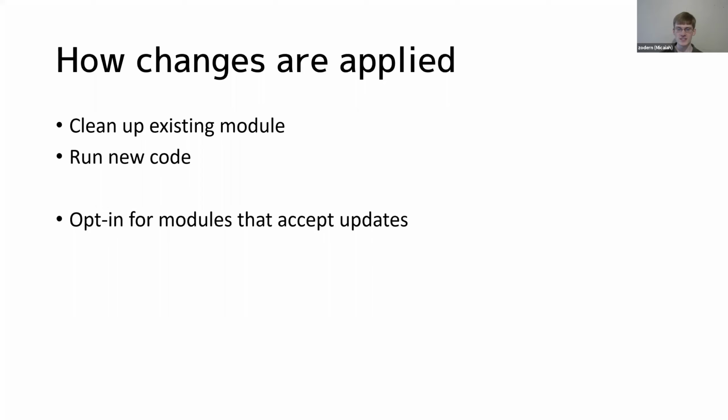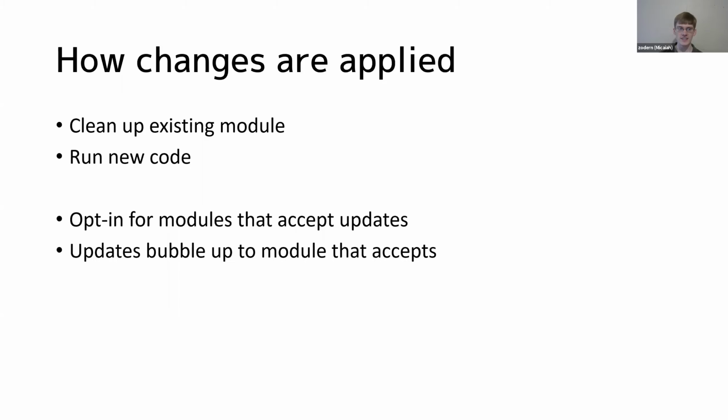But not all modules can automatically be replaced. They have to be able to be properly cleaned up. So we have to have a way for modules to opt into receiving updates. And in HMR, updates bubble up. So if you modify a module that does not accept updates, we then will look at the modules imported to see if they accept the update.